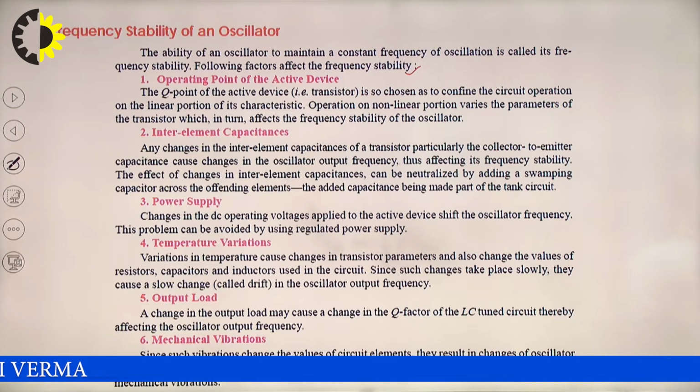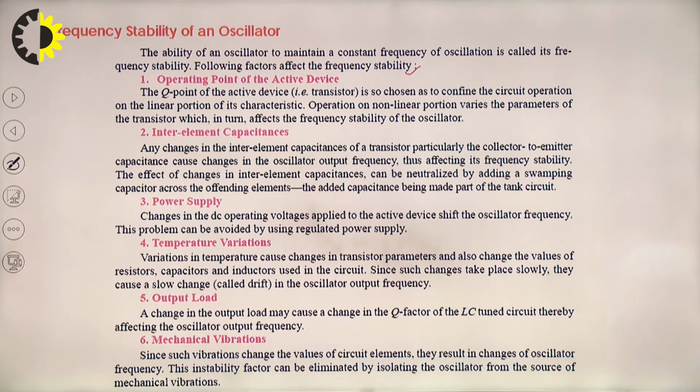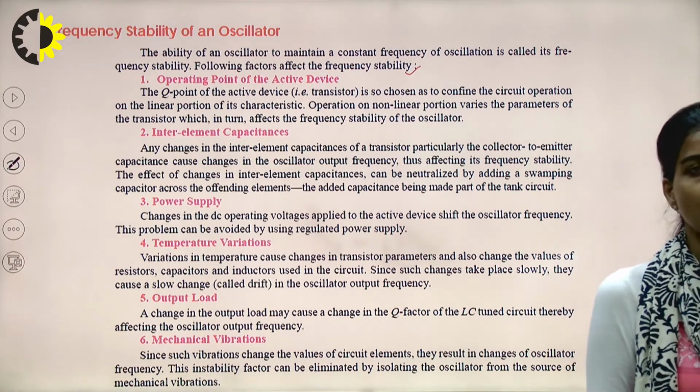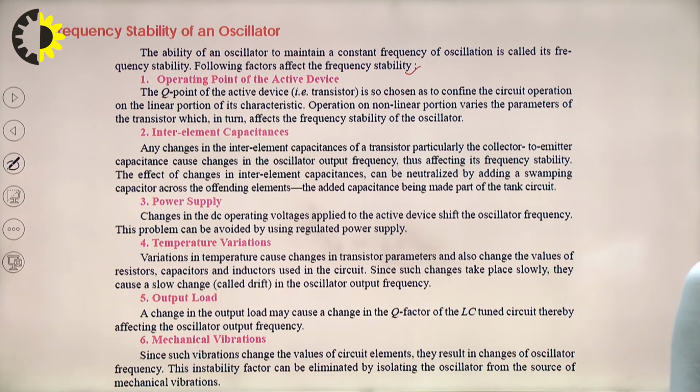The Q point of the active device, that is the transistor, is chosen so as to confine the circuit operations to the linear portion of its characteristics.